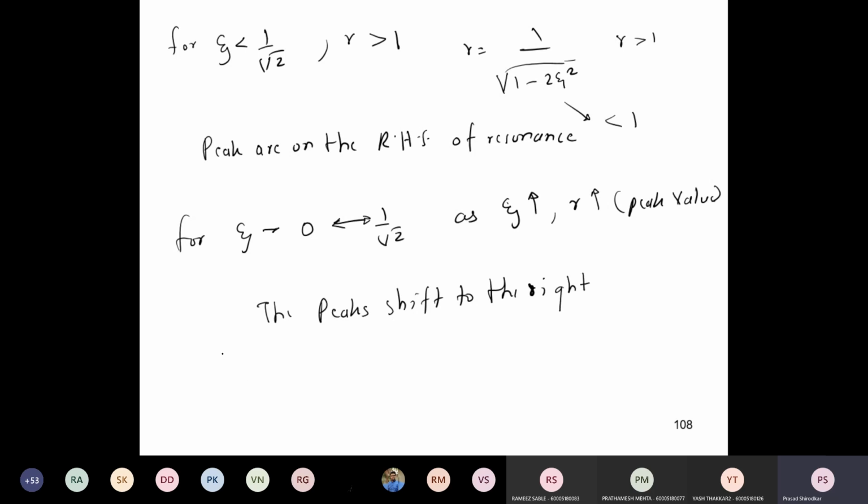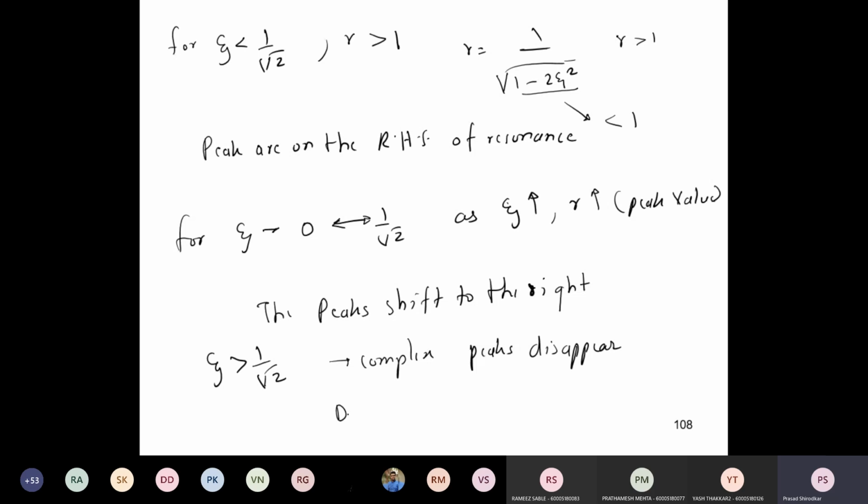Now when zeta becomes greater than 1 by root 2, the term under this square root sign becomes complex. As soon as that becomes complex, the peaks disappear. You will not observe any peaks.